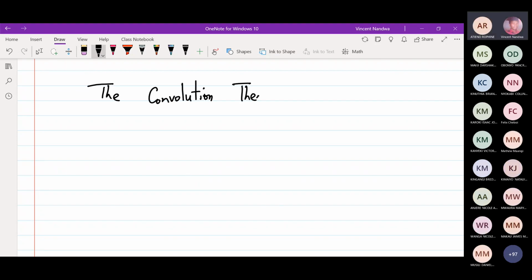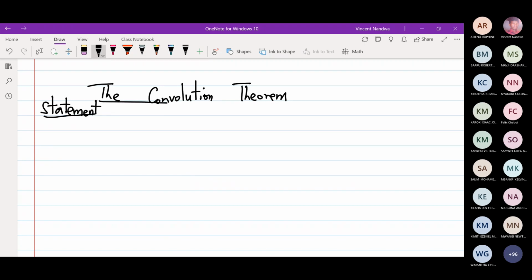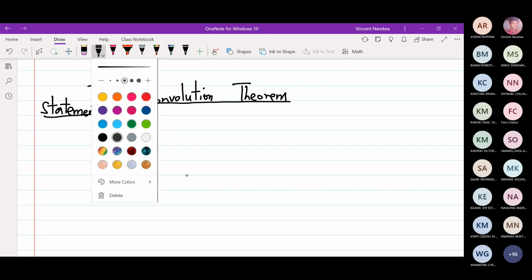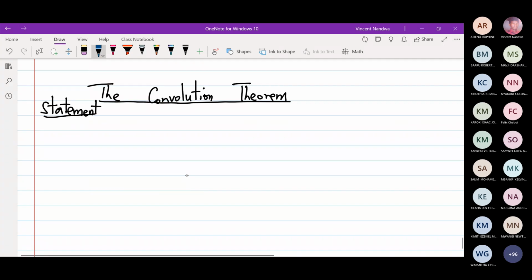Yes. Good. So let's discuss the convolution theorem with respect to Laplace transform. Statement. Let f of t and g of t be two functions.